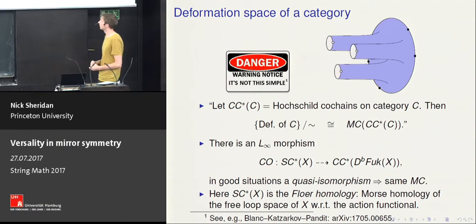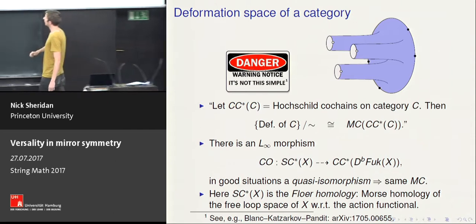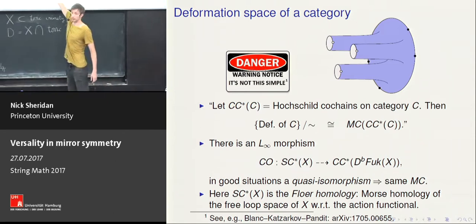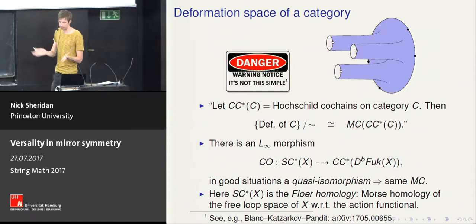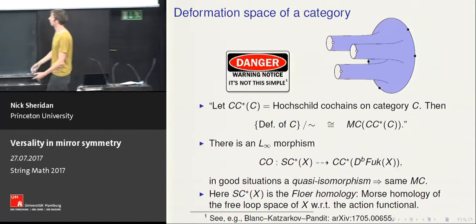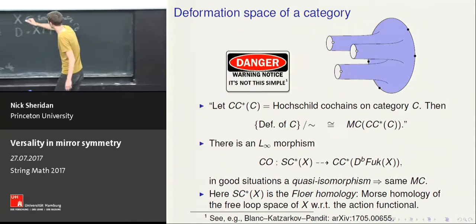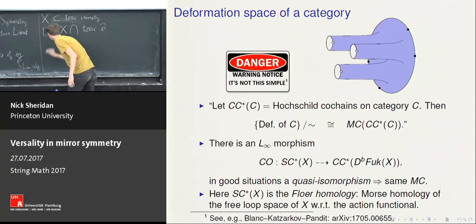So in the case of the Fukaya category, we can get a handle on these Hochschild cochains on our category, which could be some very large dimensional thing with small cohomology, so it's kind of hard to work with. But we can get a handle on it using a certain morphism, which is called the closed-open map, and that looks like this.